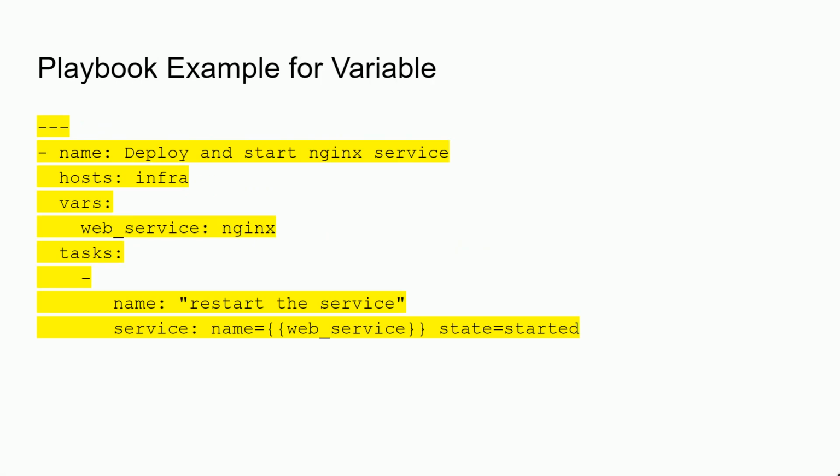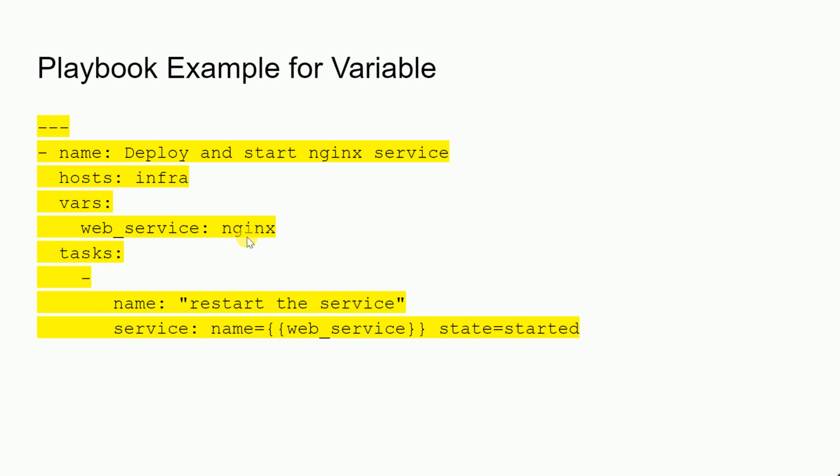So this is a basic example of a variable. Here is one playbook to restart the Nginx service. What I did is put variables with web_service, and the name of the service is Nginx.